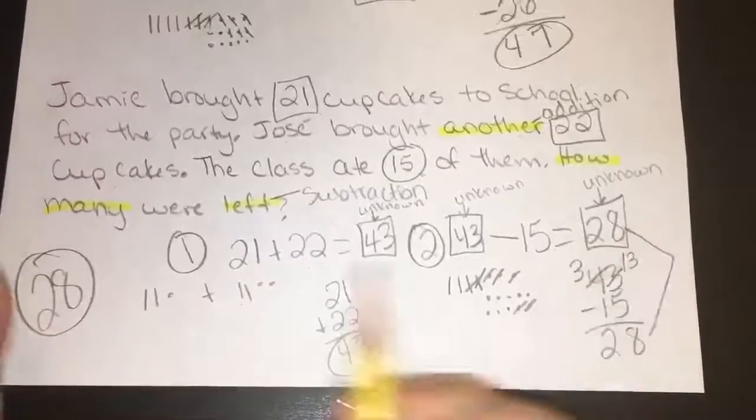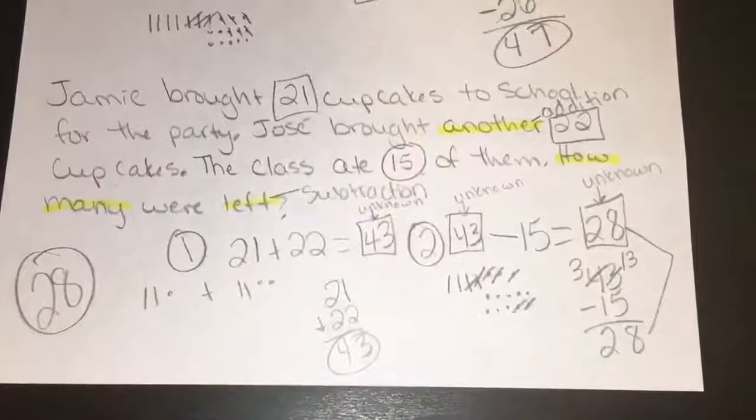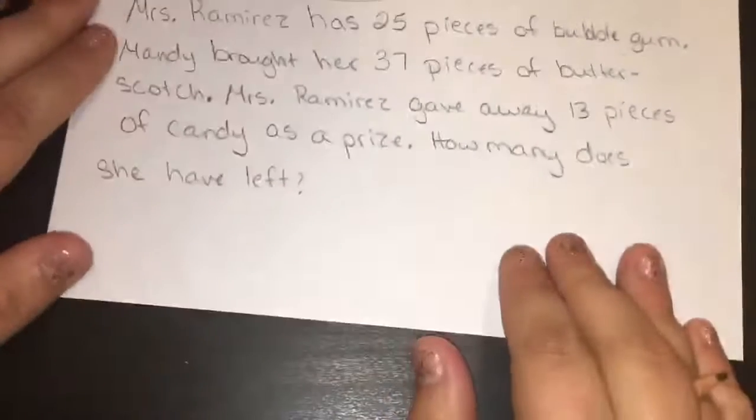Did you see how we had to add first and then subtract to get our answer? These are more complicated problems, but if you do them in steps, they will get easier with time. So let's take a look at one more two-step problem before I have you continue on your own with a practice.